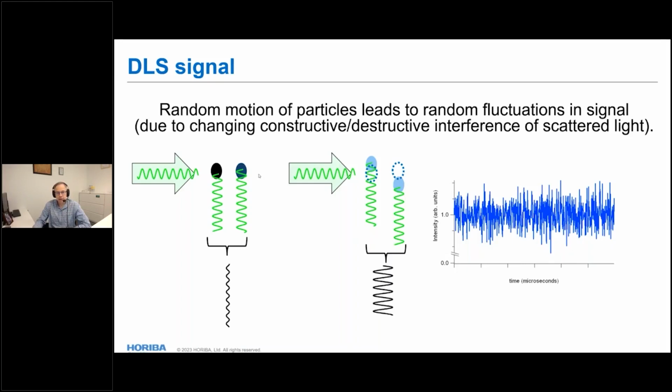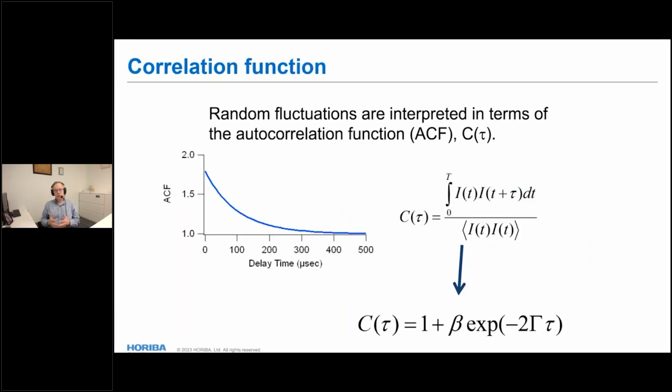So long and short really is going to depend on particle size. If you have very small nanoparticles and they diffuse quite quickly, these autocorrelation functions decay very quickly. If you have very large particles and they're diffusing very slowly, then you're going to see those fluctuations persist for a longer period.